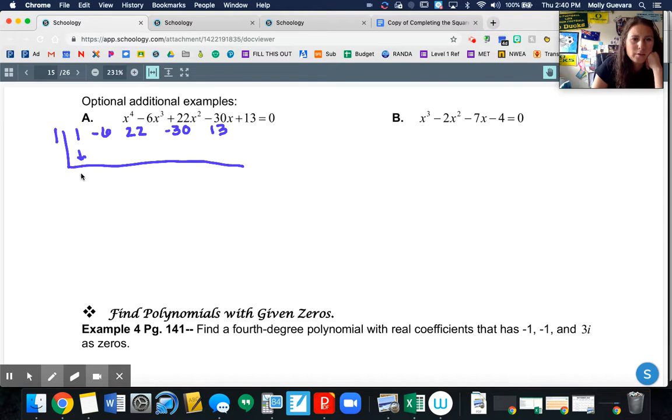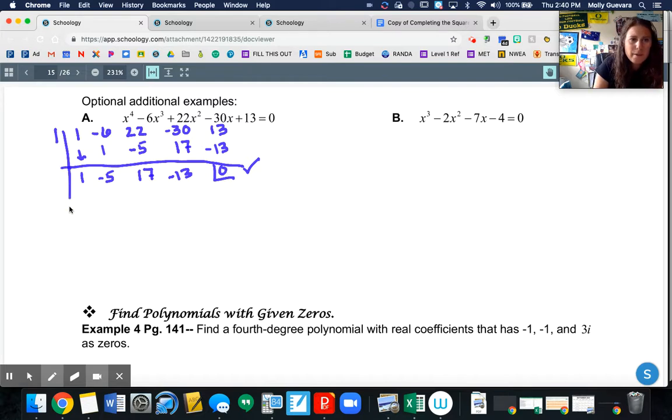So the 1 comes down. 1 times 1 is 1 and add. Right, then I have negative 5 and add. Then I have 17 and add, and then multiply and add. And again, I should get 0 because I already know that this is a factor.